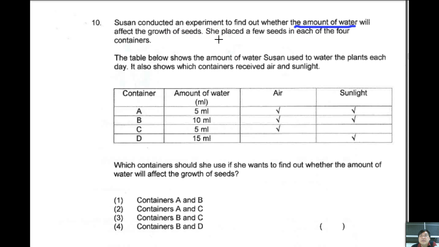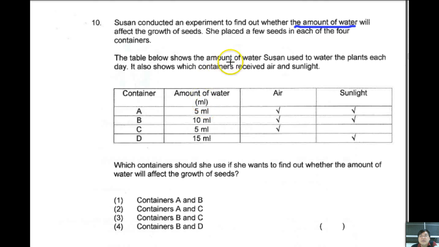Now she placed a few seeds in each of the 4 containers. The containers are here: A, B, C, and D. The table shows the amount of water: 5 milliliters, 5 milliliters, 10 milliliters, and 15. Of course, to compare how the amount of water affects growth, the amount of water has got to be different in the containers.